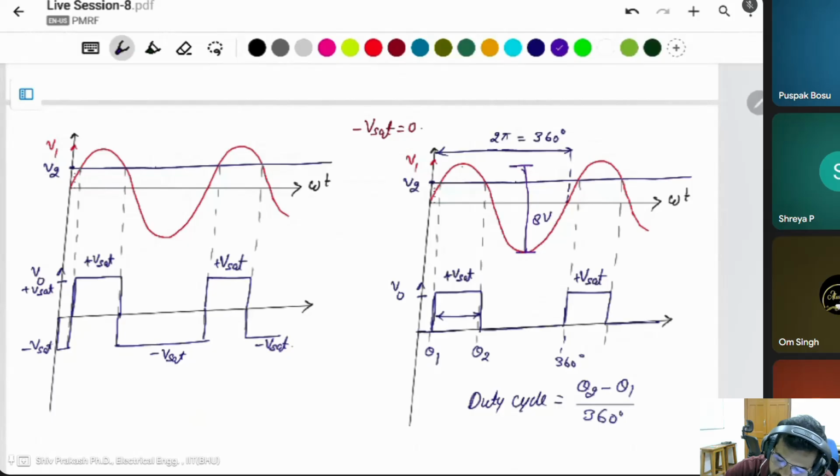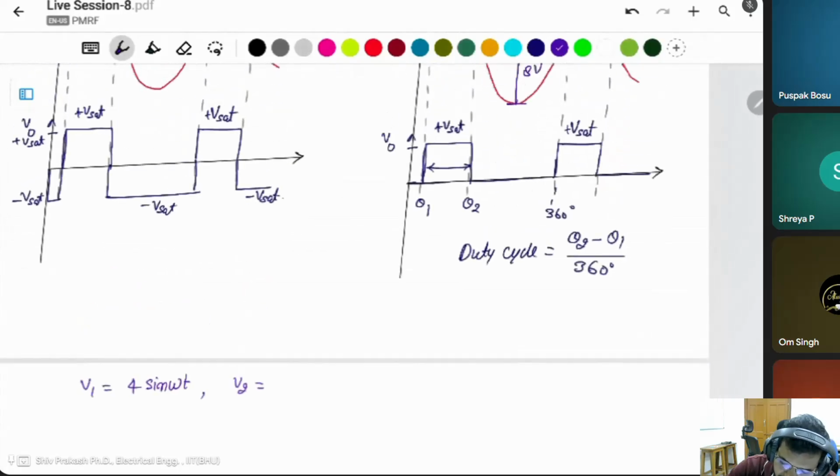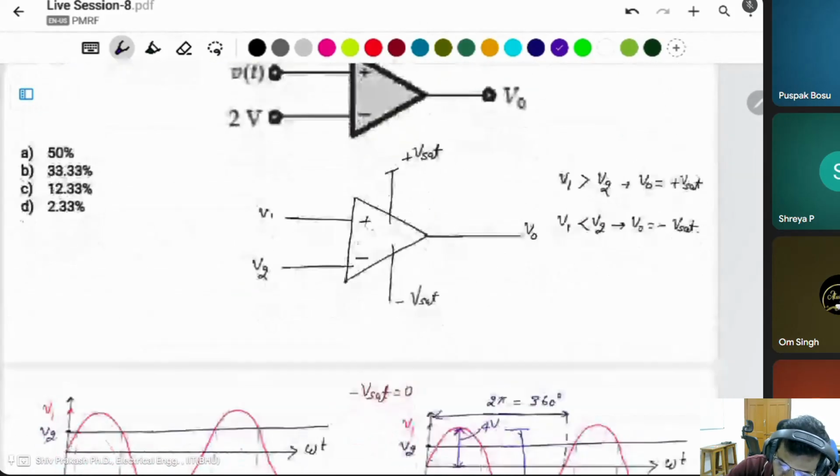Then this one is 4 volt. Then you can say V1 is equal to 4 sine omega t, and V2 is given in the question as 2.